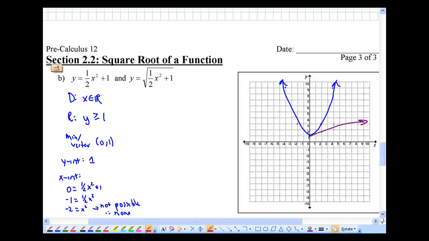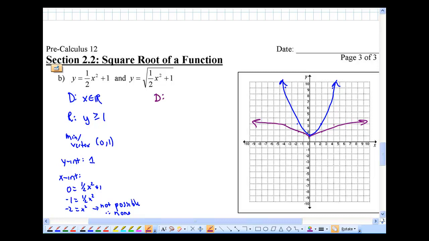Same thing here. To the root. For something like this, there's your square root function.